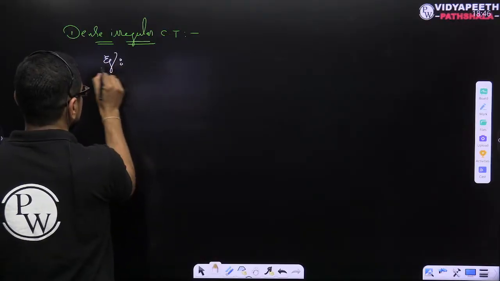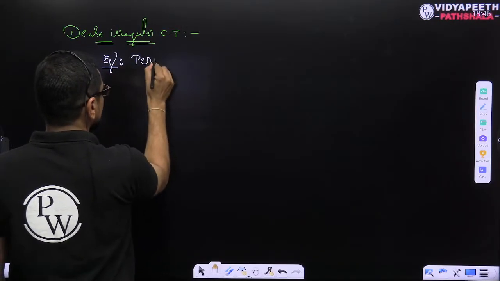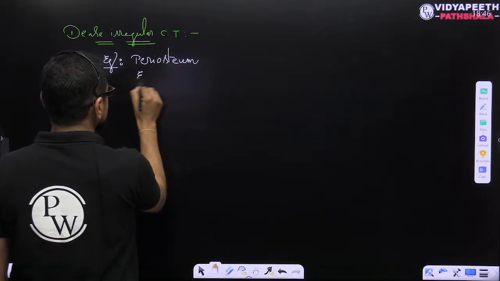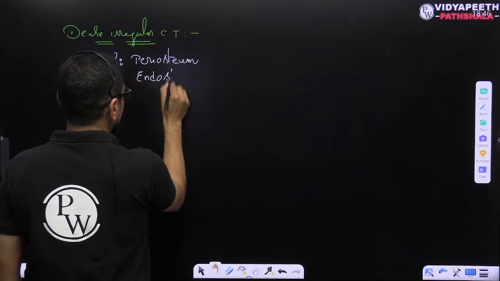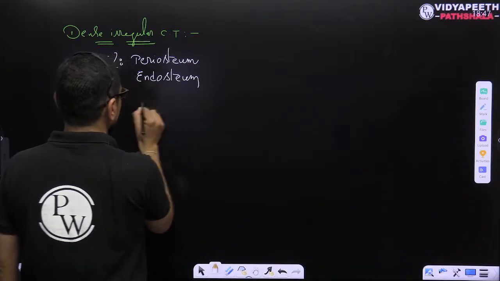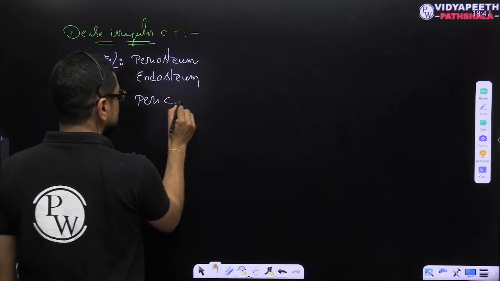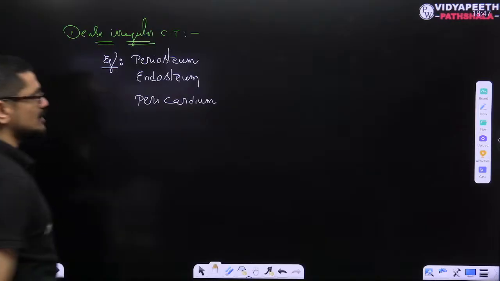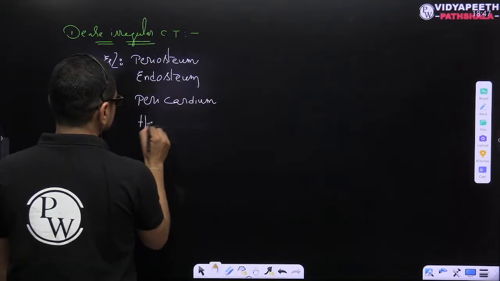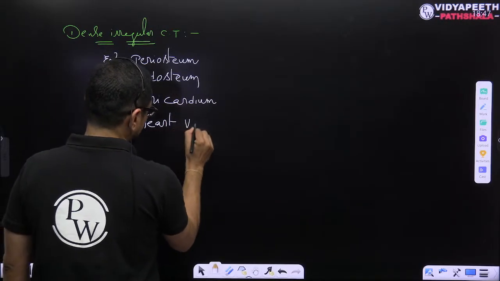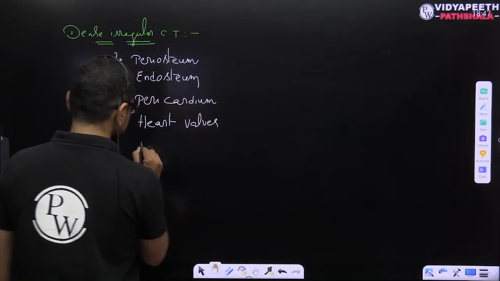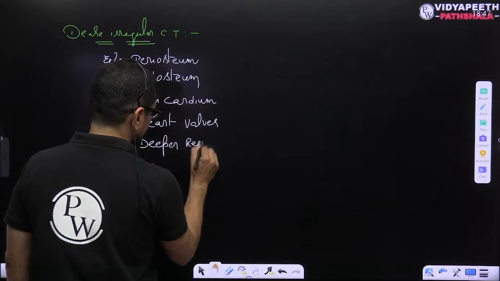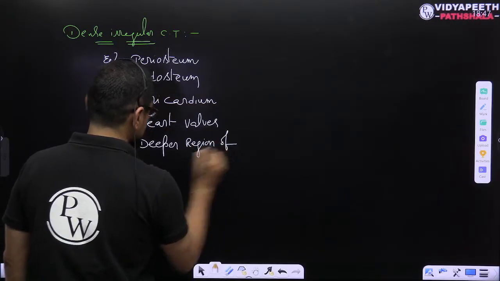Example: periosteum, endosteum, pericardium, heart valves, deeper region of dermis of skin.